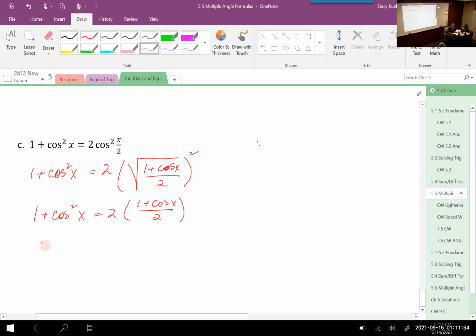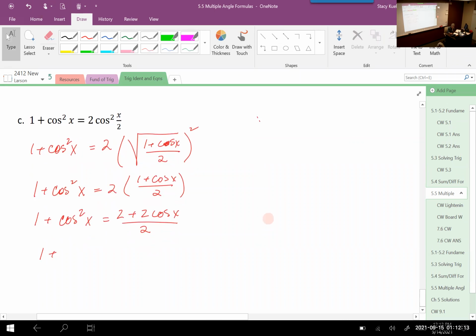I would have 1 plus cosine x is equal to 2 plus 2 cosine x over 2, which I could cancel the 2. So I would have 1 plus cosine squared x would be equal to 1 plus cosine x.